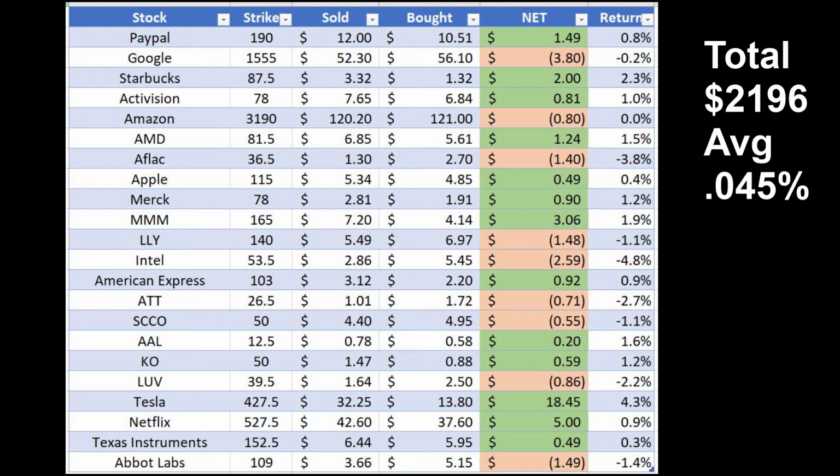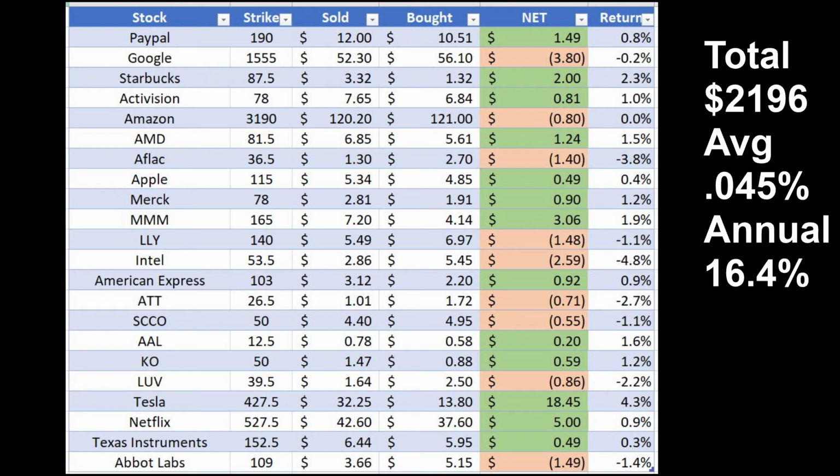And that's for one day in the position. What's interesting about this, I think, is that if we annualize that, we only get 16.4% annualized. And 16% annualized really isn't that great.